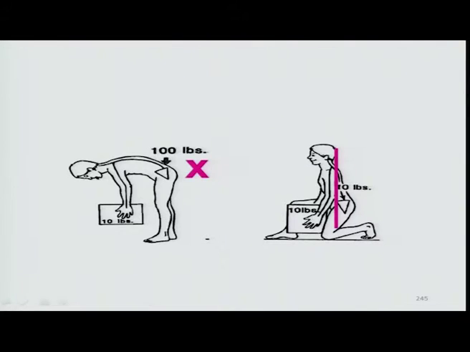If I look at the two different load points, we can see that in this particular hip joint area there is almost a 100 pound load while lifting a 10 pound weight, which is not a very good situation, particularly for the stoop lifting, whereas in the squat lifting a 10 pound load means actually a 10 pound load on the musculotendinous structure as well as the structure of the spinal joints.